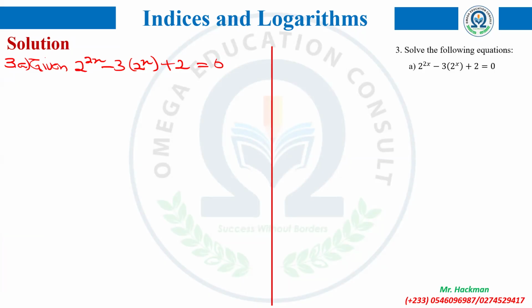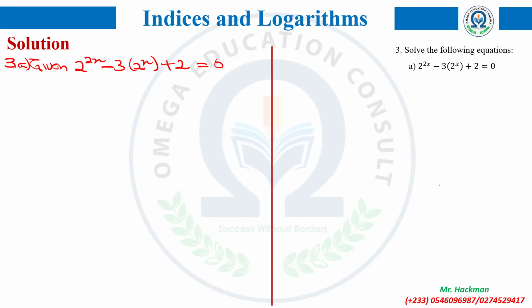This equation obviously is also an exponential equation. But anytime you have an exponential equation, check whether you can write the terms as 2 to a certain power x, or maybe all the terms as a base to a common power. If the terms are not alike, you cannot add.